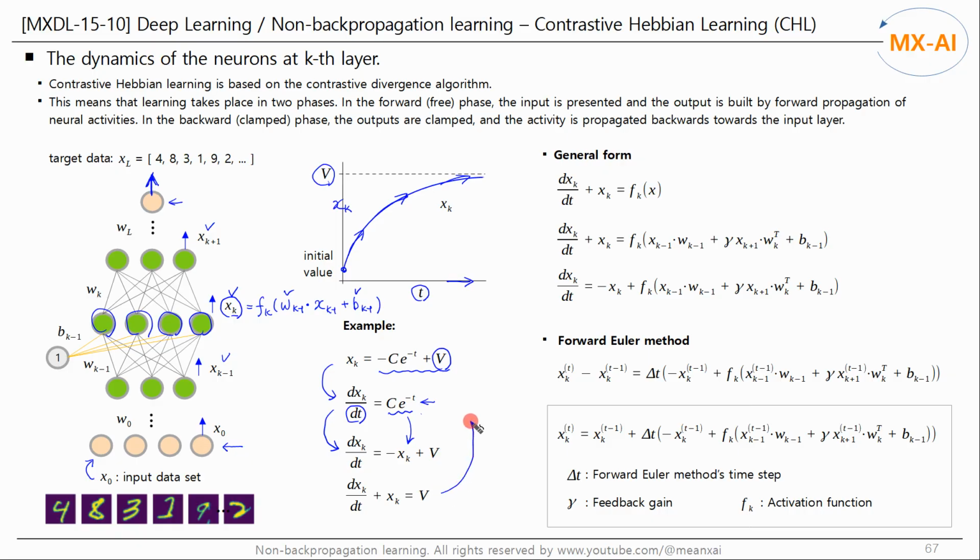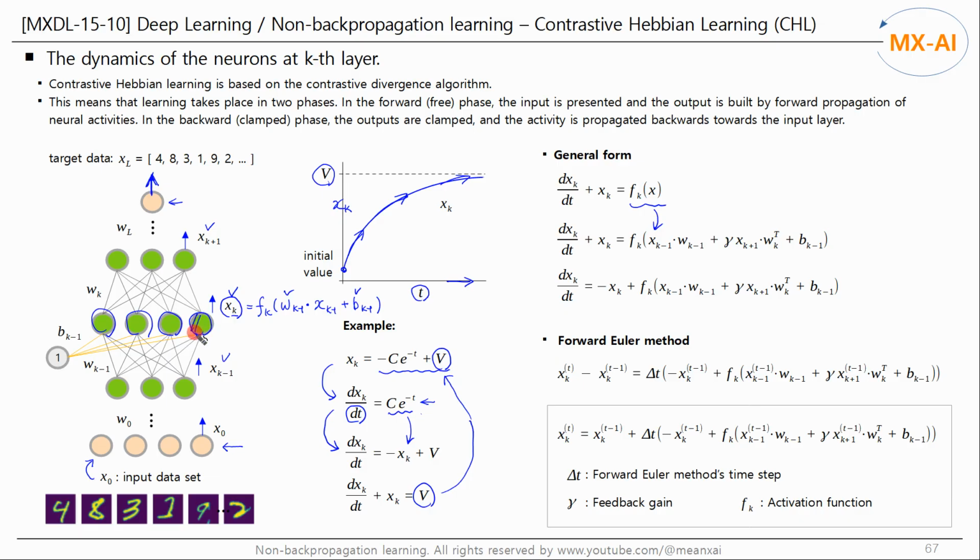The solution to this differential equation is the function xk above. Now, let's use a function f of x instead of the constant v on the right side of this equation. And let's define the function f of x as follows.